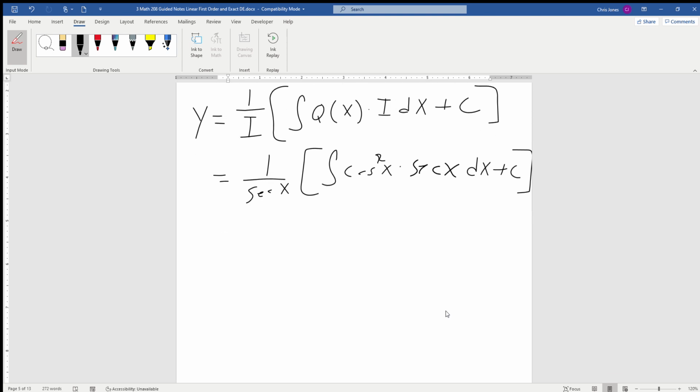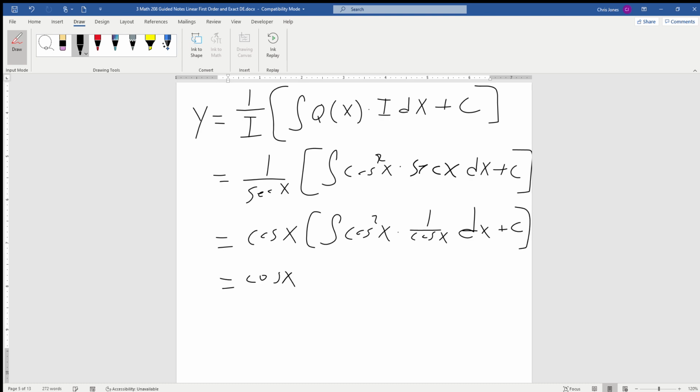And for those of you that foresaw that, you probably really like that, because now we're going to end up with 1 over secant, which is cos of x, times the integral of cos squared x times 1 over cos x dx plus c, or, and this is the one we really like, cos x times the integral of cos squared divided by cos, which is just cos x, dx plus c. And that's much, much easier to work with.